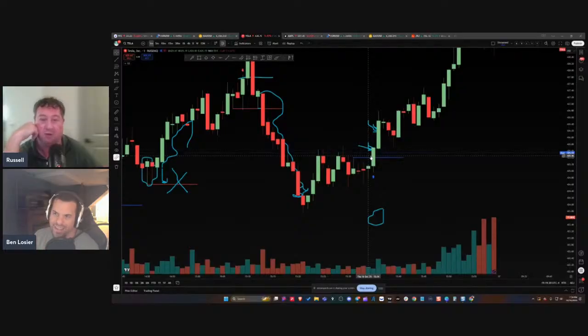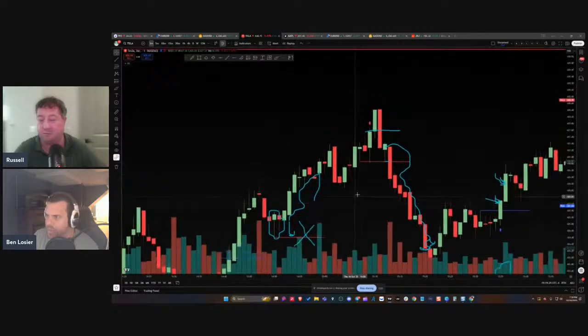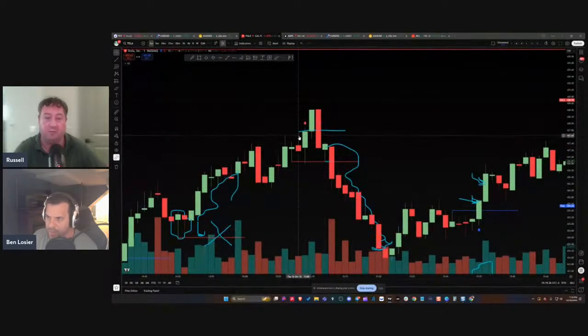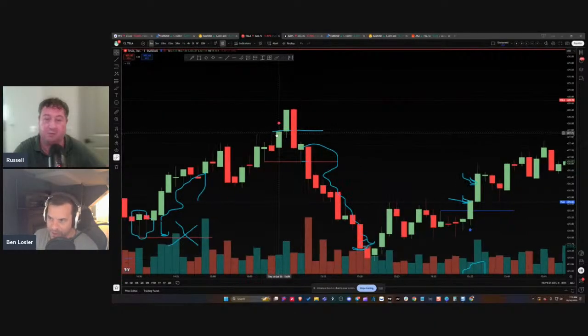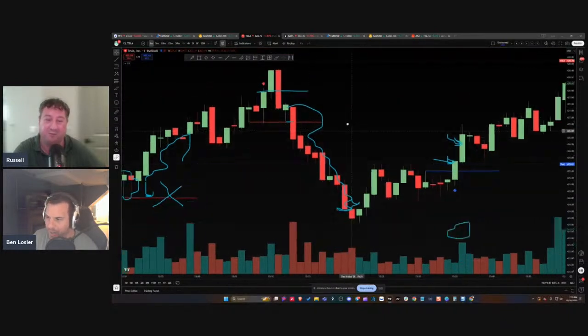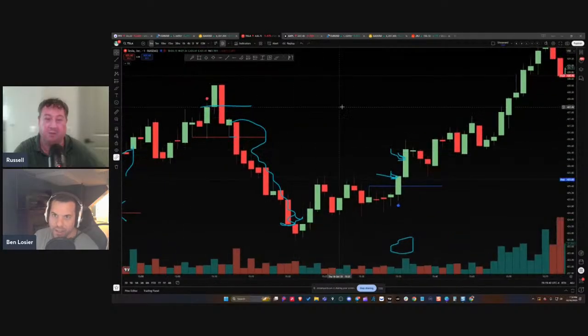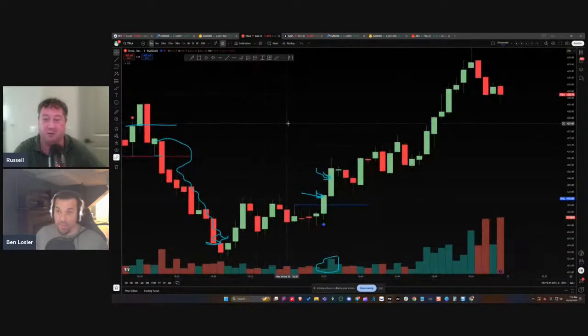Getting back to this one, if you had that really tight stop loss here and got stopped out, it is going to be harder to get those nice win rates that we all love with a really tight stop loss like that. But waiting for that break right there would have been absolutely perfect on this quick little minute chart.